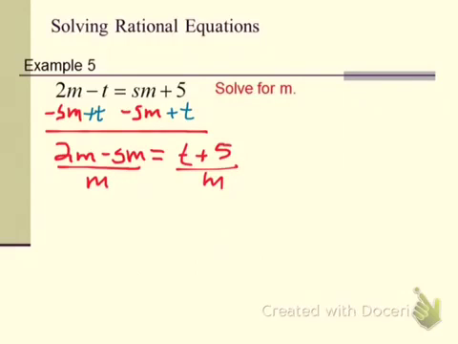Those m's will all cancel out, so we'll have 2 minus s equals t plus 5 over m. And then guess what we can do? You can cross multiply, and then you would have m times 2 minus s equals t plus 5, and then you could divide by 2 minus s just like we just did. Okay? It's more direct to factor out the m rather than doing division.